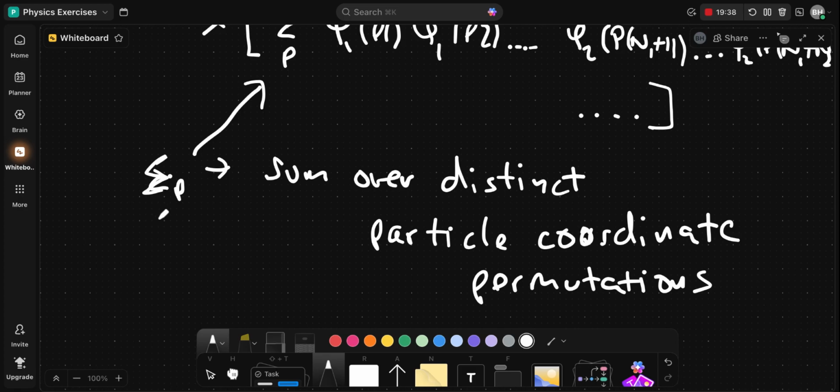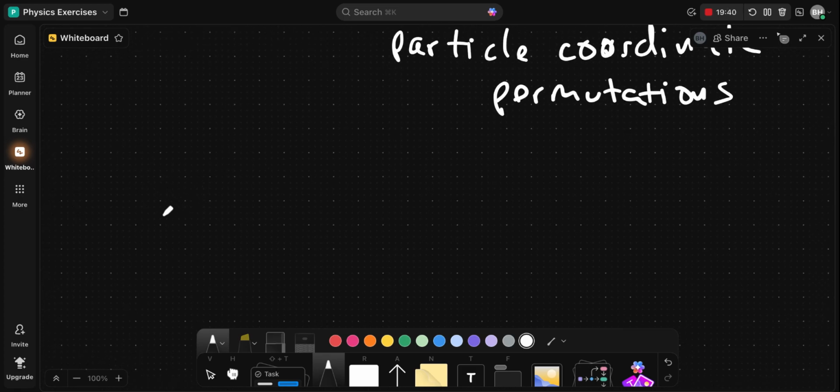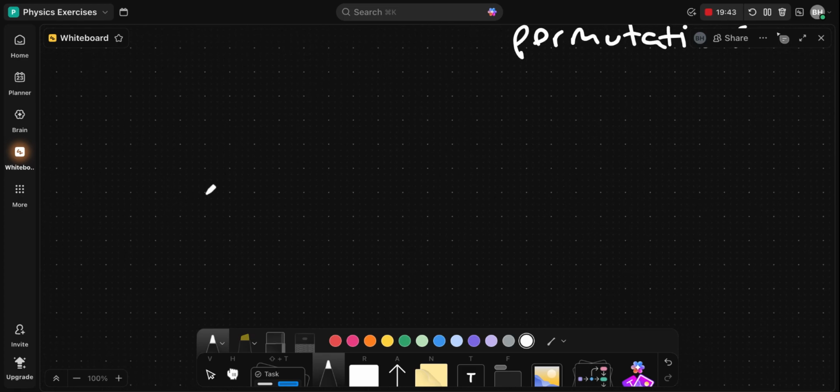Let me show you how. For a bosonic system, you can represent the wave function by a permanent.